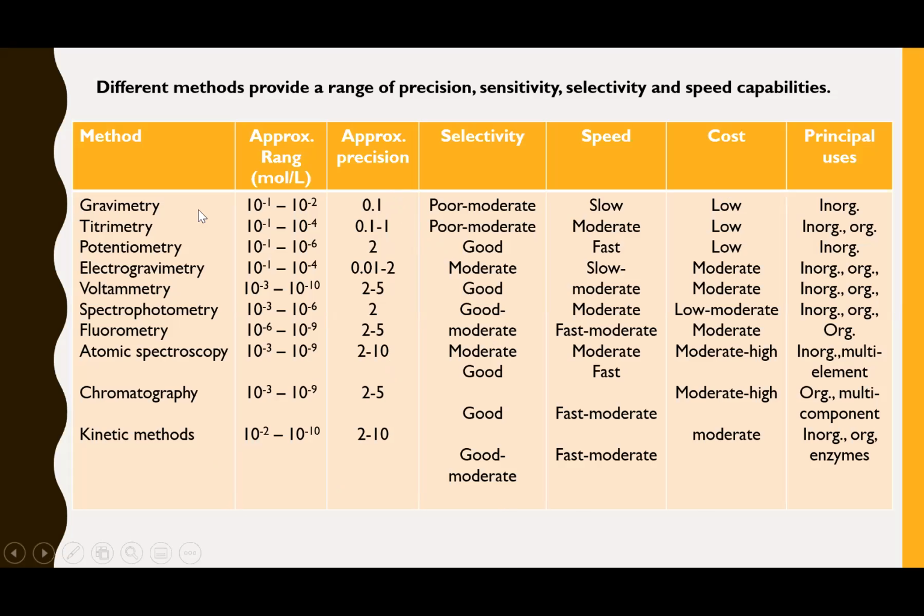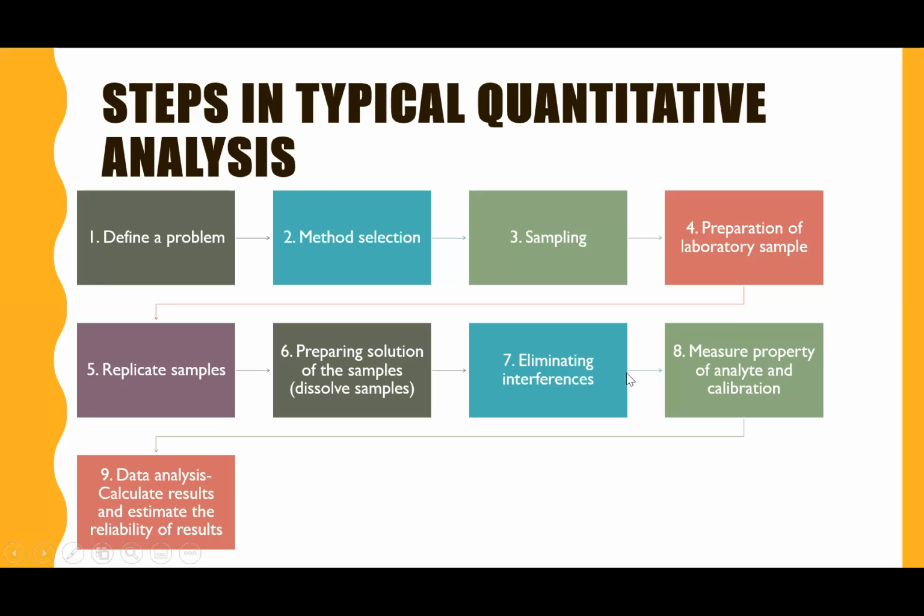So gravimetry techniques, titrimetry techniques, and other techniques have different levels of quantification range and so on. Detection level, the precision, the speed, they are different. So you will have to decide which one to use based on several factors which I will elaborate after this.